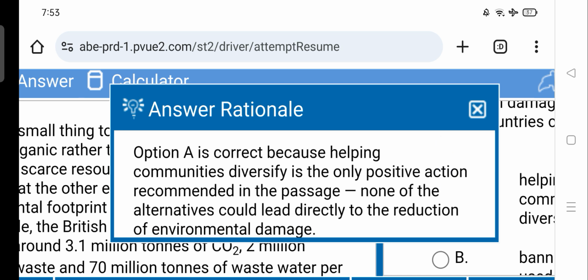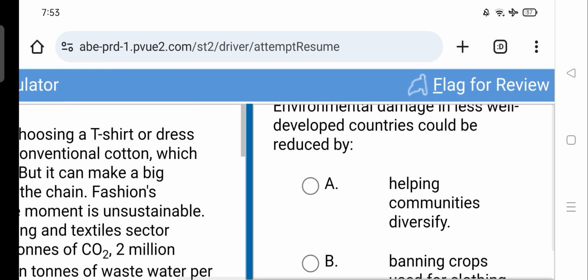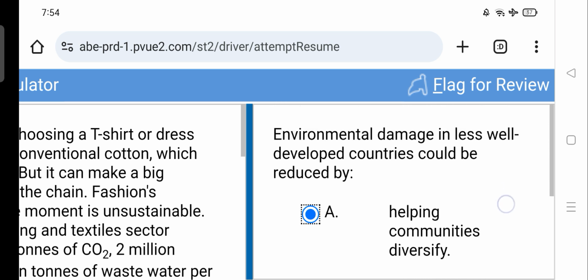So that's why option A is correct, which is helping communities diversify. Environmental damage in less well-developed countries could be reduced by helping communities diversify.